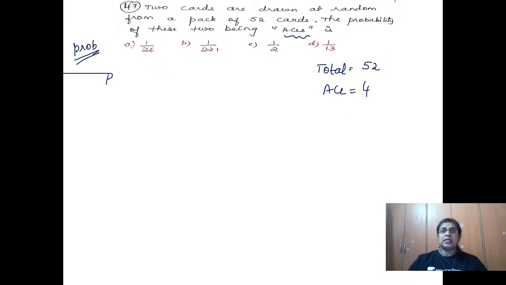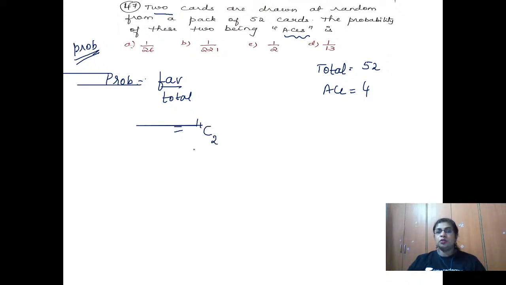Now they have asked us, two cards are drawn from a pack of 52 cards. The probability of these two being aces. Probability is equal to favorable by total. So what is the favorable case? Favorable is 4C2, by total, which is 52C2.